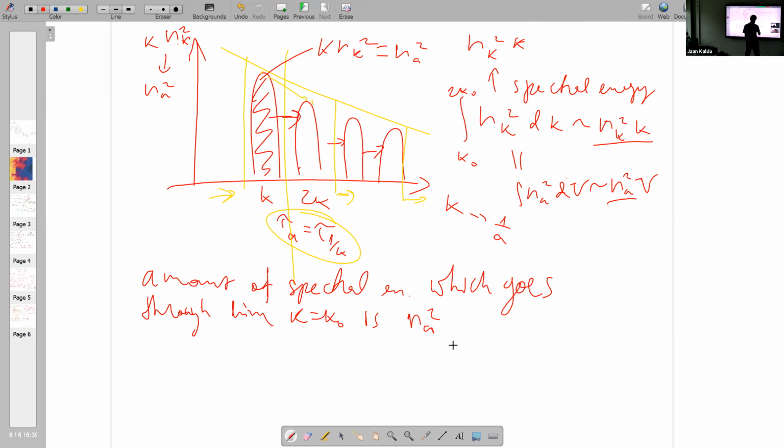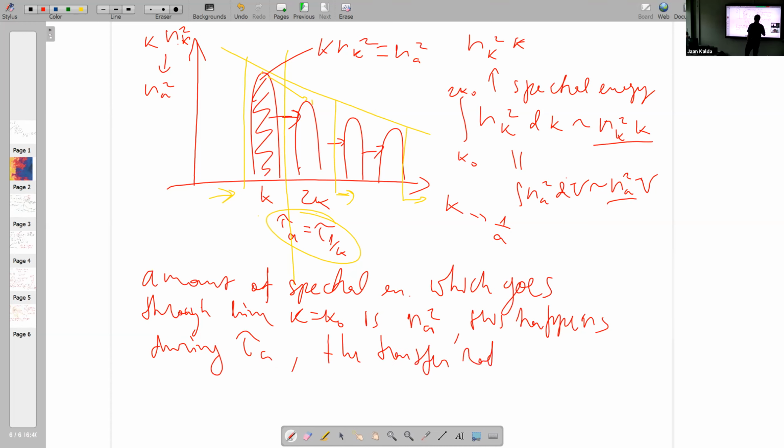But this happens during tau_a. So during each tau_a, this much energy goes through. So the energy transfer rate is the energy we have, n_a squared, divided by tau_a.